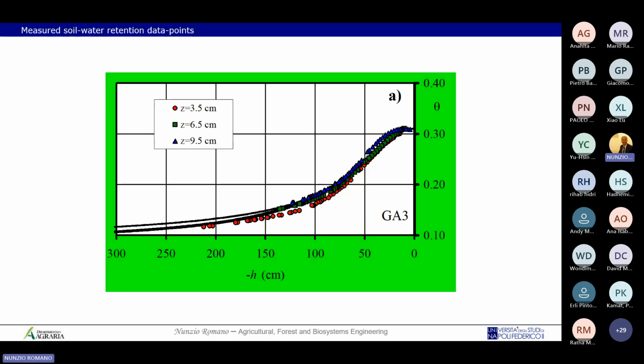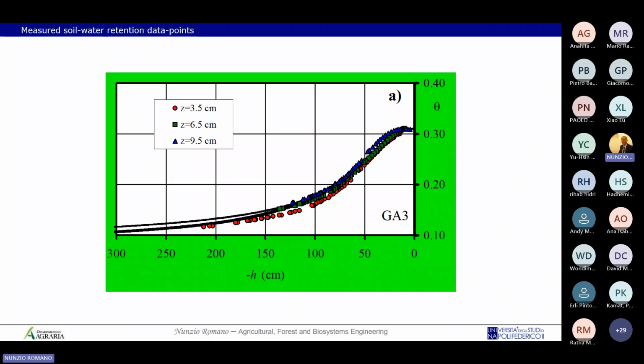We have measurements at 3 different depths in a soil core of 15 centimeter height, and you can see there are even small differences, but you can interpolate these, and Paolo on Monday will show you the most used relations that you can employ to interpolate the data points.